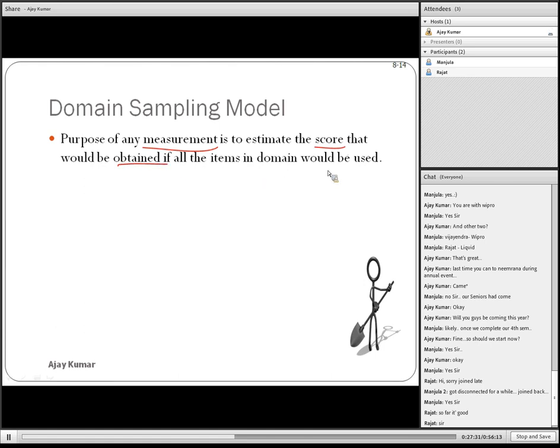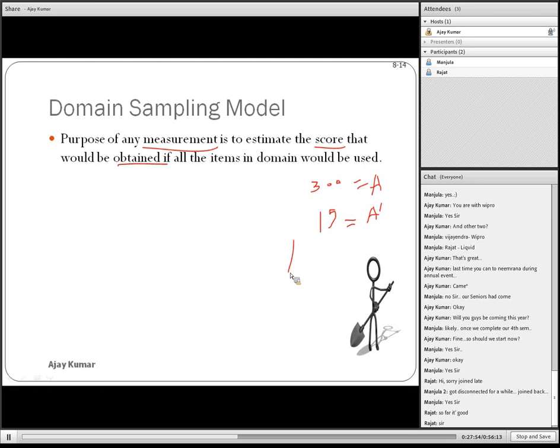So what does that mean? We had 300 items. Suppose I go to an individual and ask him 300 questions, and the score I get is A. Now if the ultimate questionnaire has only 15 items, these 15 items should give me a score, suppose A dash.